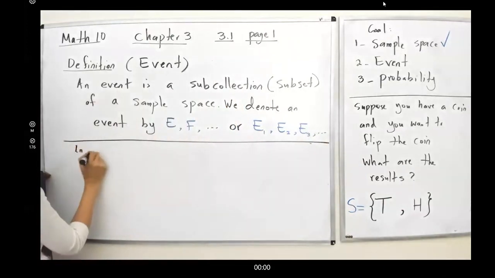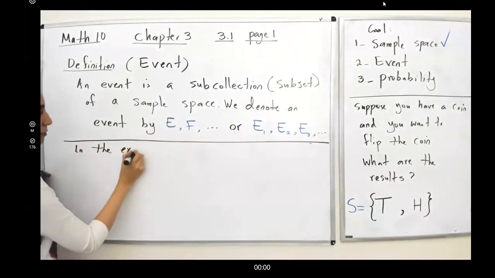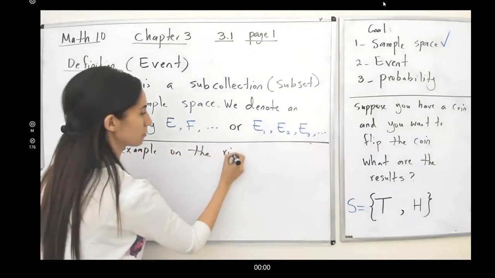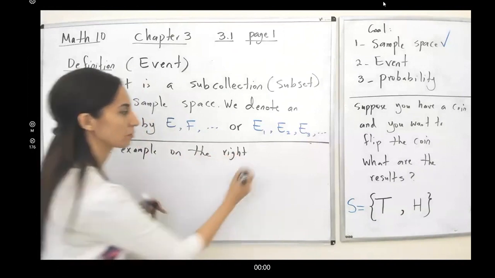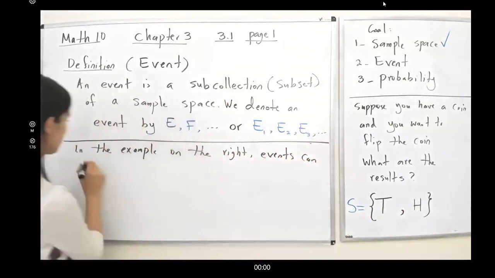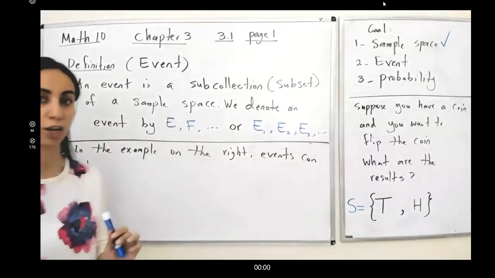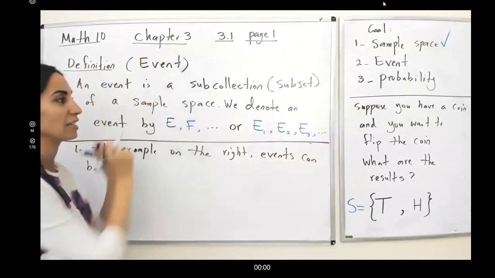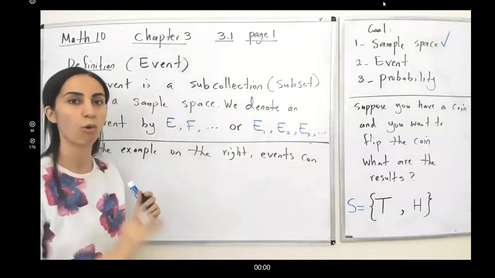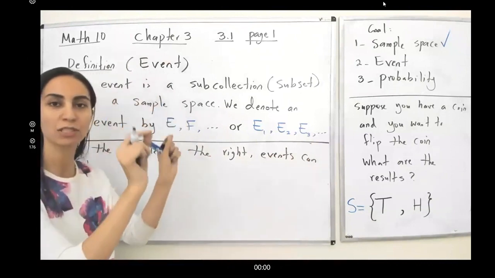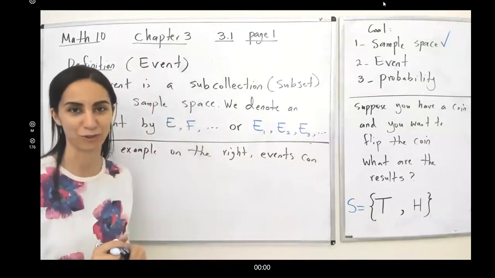In the example on the right, events can be, guys, note that since an event is a subset or sub-collection of the sample space, we have to use curly brackets for them.